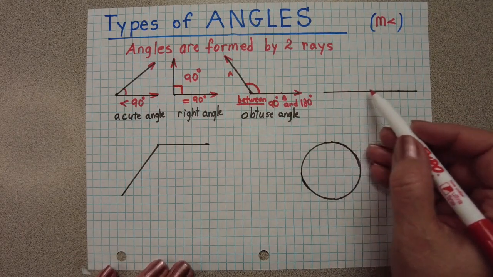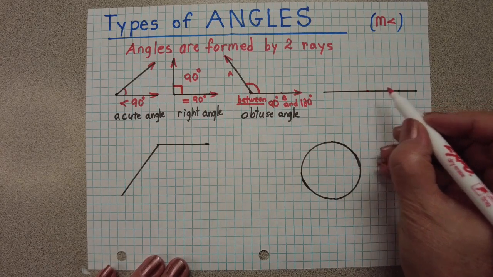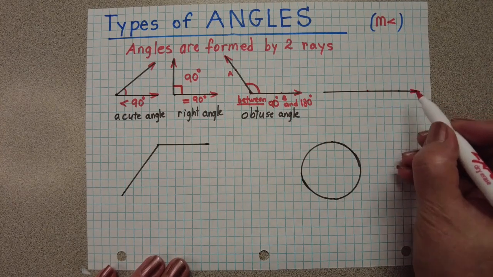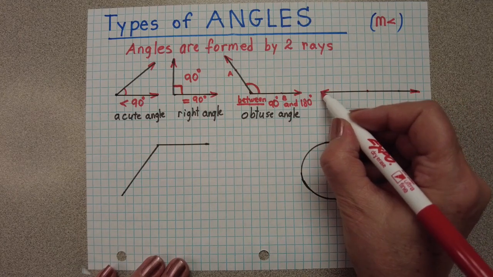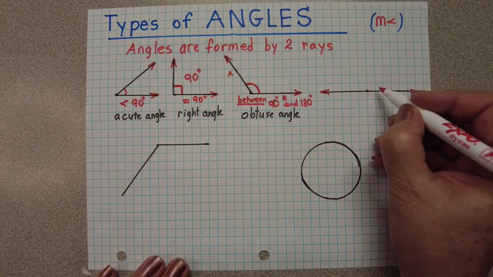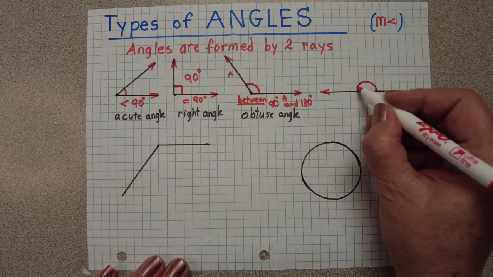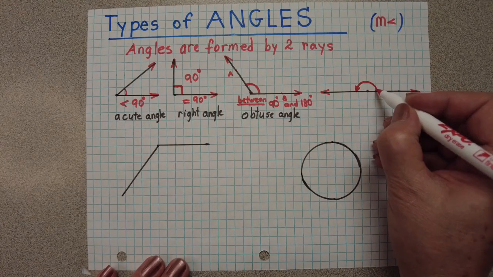Next, you see the line, but this line can be two rays starting here, and we will make the line for an angle like this. Okay, we're going to rotate.